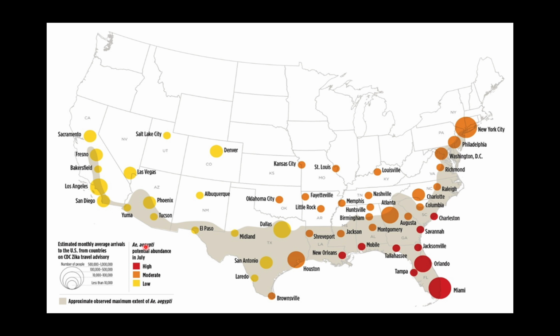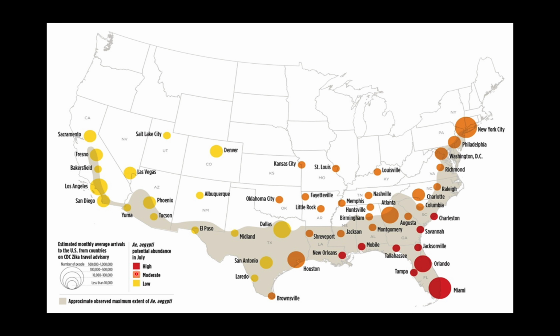Sometimes if you're using multivariate data, then you might use multi-symbology, right? So in this case, you're mapping both. This is for a Zika travel advisory. So in this case, you're mapping both the number of monthly arrivals from countries with the CDC Zika travel advisory, and you're mapping the potential abundance of this pathogen, right?